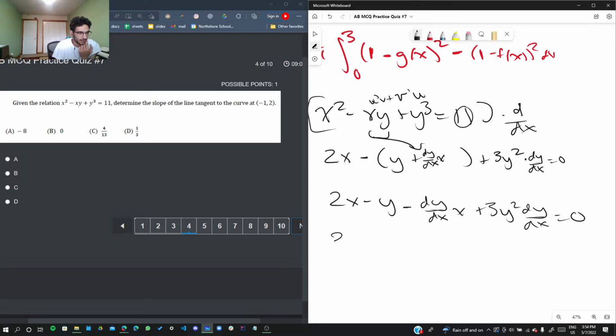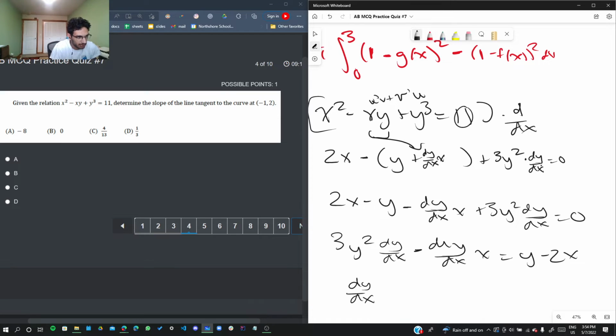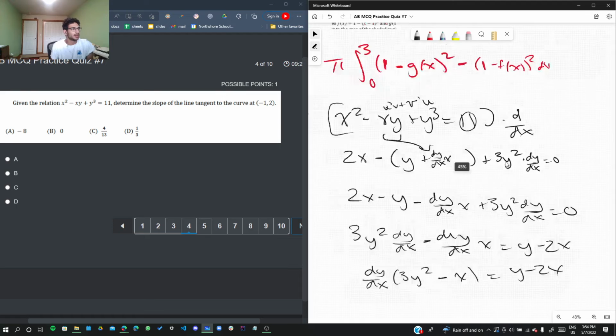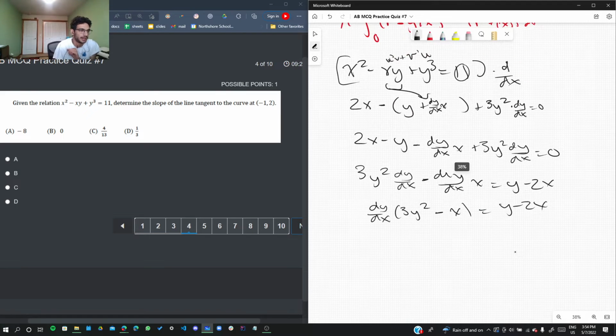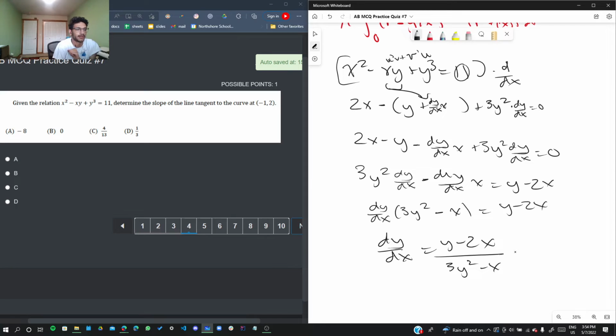So I'm going to have just 3y squared dy dx minus dy dx x is equal to y minus 2x. I'm just being smart with how I manipulate this. And then I'm just factoring out dy dx so that I can divide this term. So dy dx is equal to y minus 2x over 3y squared minus x.